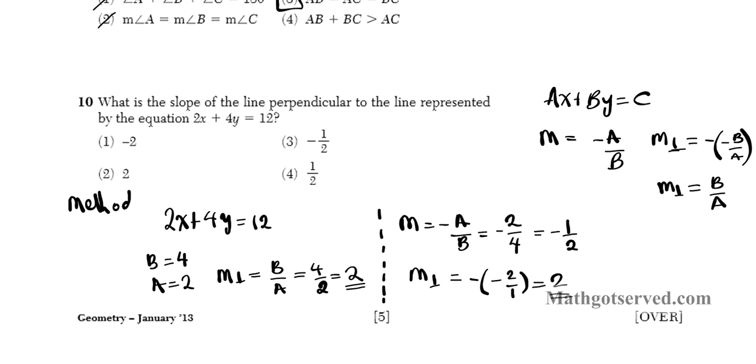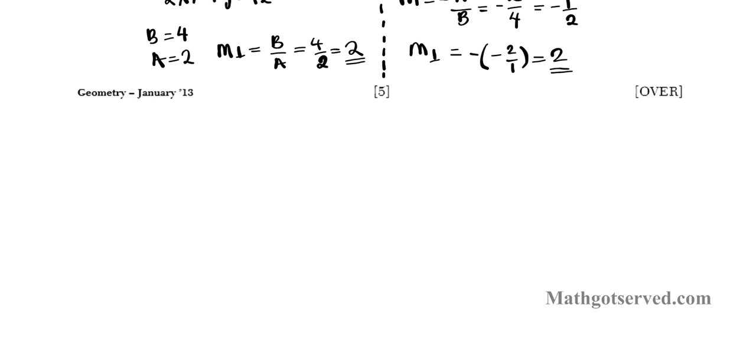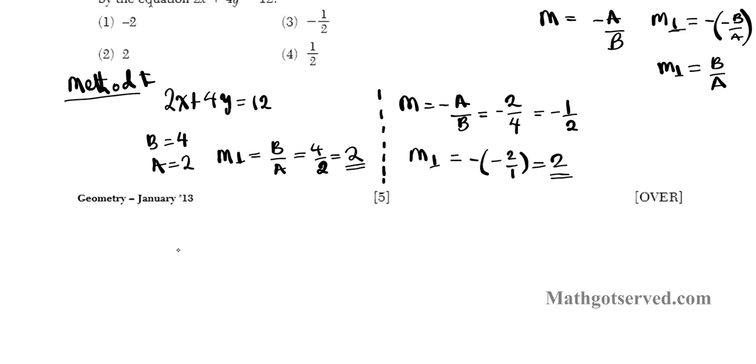Now, another method you can use is putting it in slope-intercept form, extracting the slope, and then computing the inverse. Okay, so let's do that. You learned this in algebra. If I put it in y equals mx plus b form, then m will be the slope of the line, and then we can do the negative reciprocation to determine what the slope of the perpendicular line is, okay?